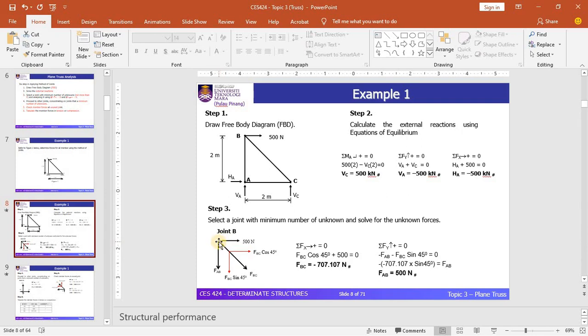So we need to assume that the member is in tension as the initial assumption. Tension means that you need to draw the arrow outward from the joint. So you can see that the force is outward from the joint for member BC and member AB. And this is the lateral force of 500 kilonewtons. Okay, and consider the summation of force in the horizontal.